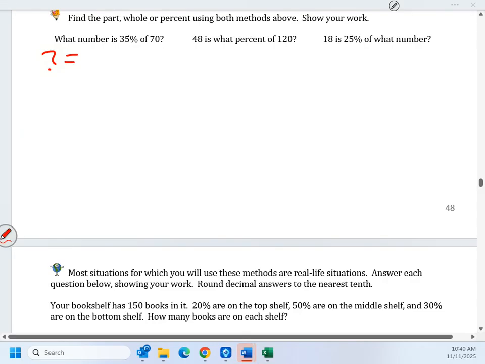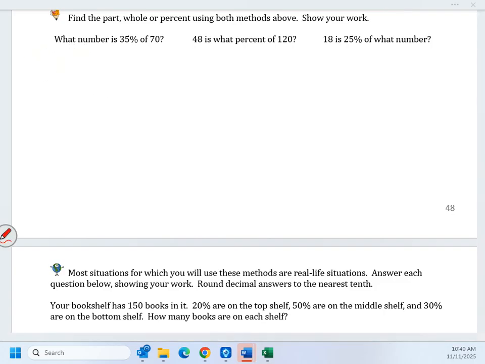The fraction looking one. What is it going to look like if I do my proportion? Question mark over 70 equals 35 over 100. So I need to solve for that question mark.